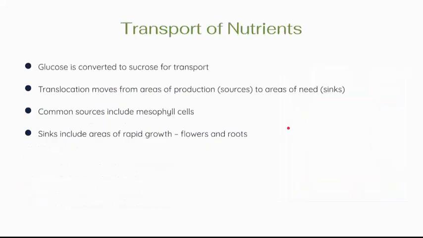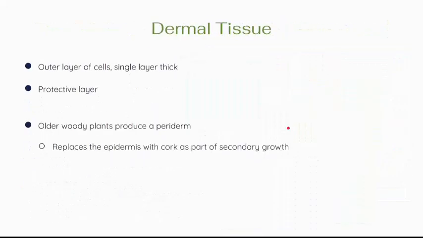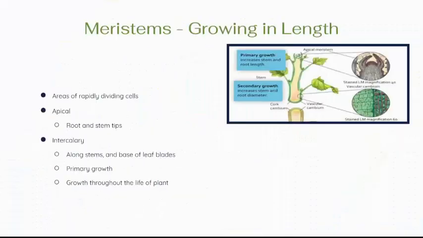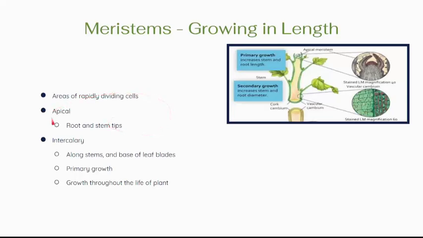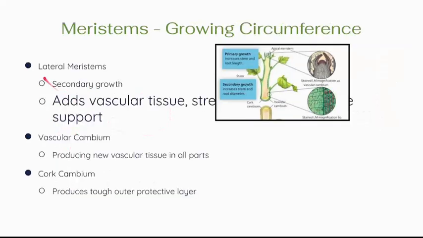Essentially today you're just going to know how stuff transports and all of your cells, especially meristems, and the thing that I see people confuse the most is apical, intercalary, and vascular cambium. So these two are pretty different. These two are pretty easy to remember because of their names right here. Vascular produces vascular, the other one produces the other one. Simple.